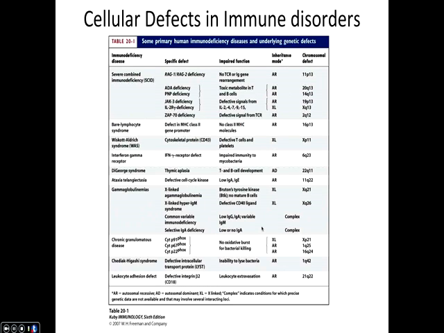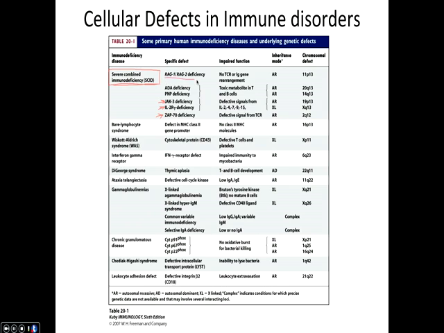So this is taking that same chart we just looked at and breaking it down. Here's SCID right here. There are several different versions of it, but they have these deficiencies, and you can see some of the signaling pathways that we've talked about: IL-2, JAK3, ZAP70, which is critical in creating the docking sites for signaling from T cell receptors.